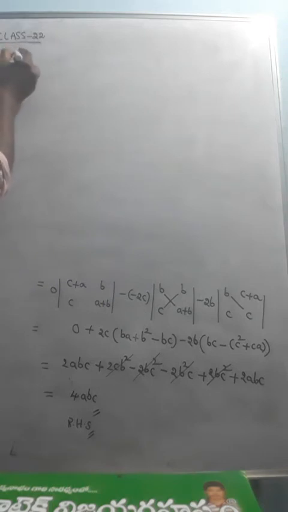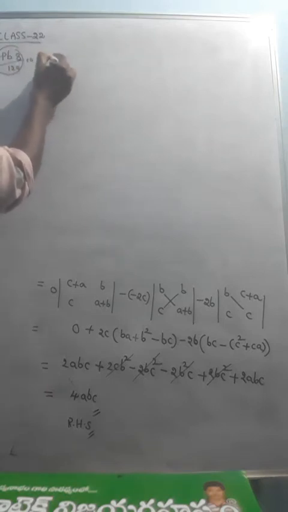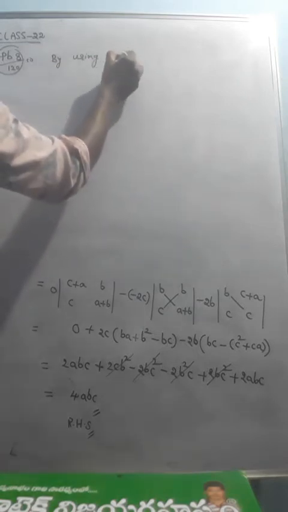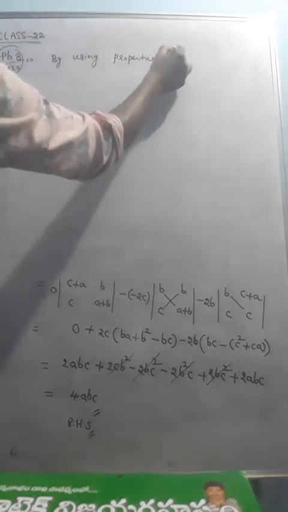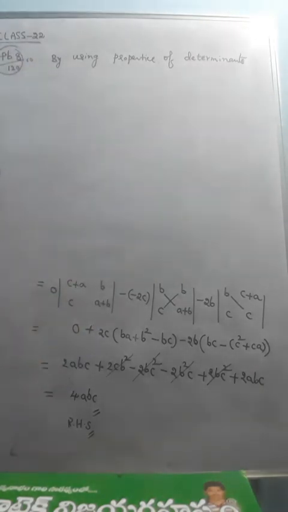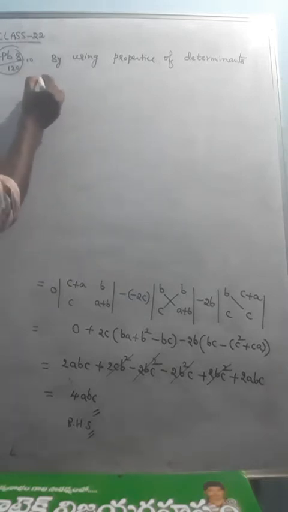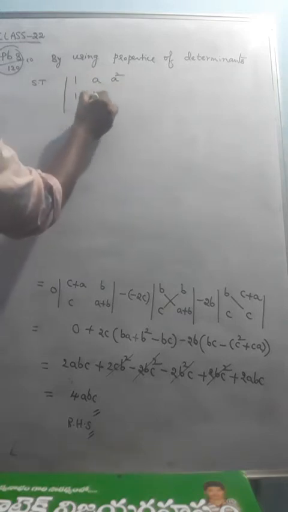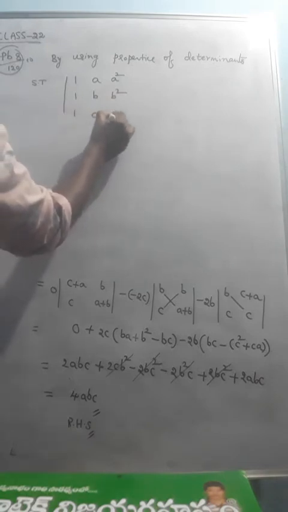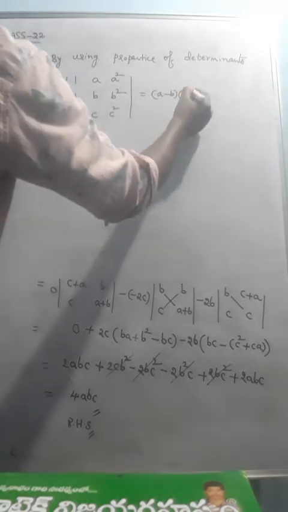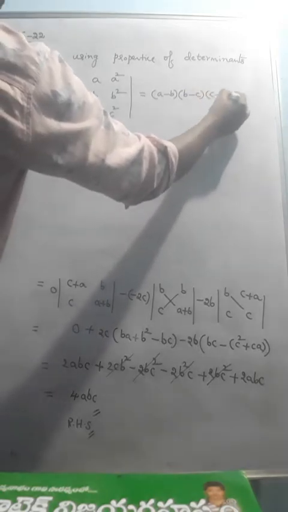By using properties of determinants, show that the determinant of 1, a square; 1, b square; 1, c square is equal to a minus b into b minus c into c minus a.